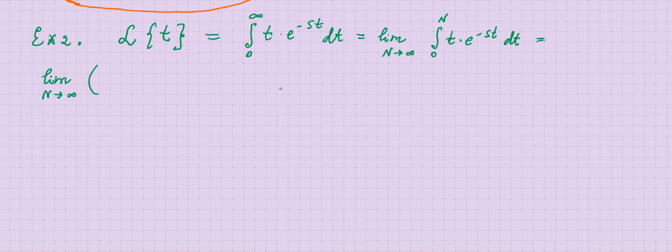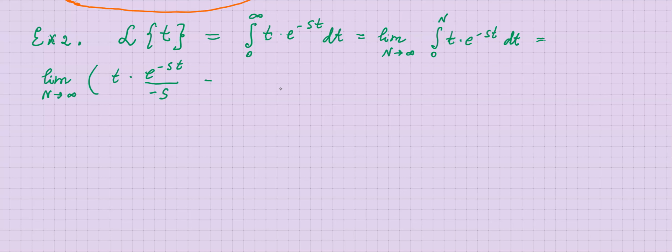Here I'm going to use integration by parts. You still remember how integration by parts is done, right? We assume that one of the functions, the exponential, is a derivative and the other is a function. So we calculate the antiderivative of the exponential function, which is easy. We already did this: that's e to the power of negative st divided by negative s. And then we do minus.